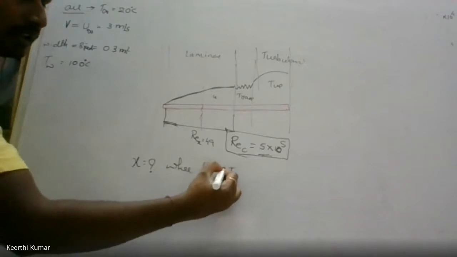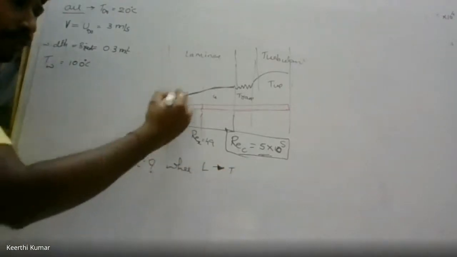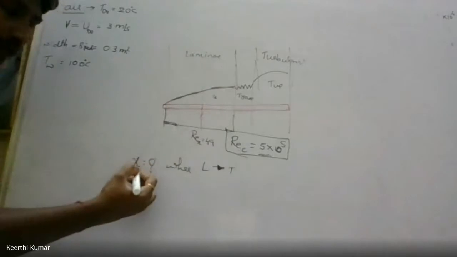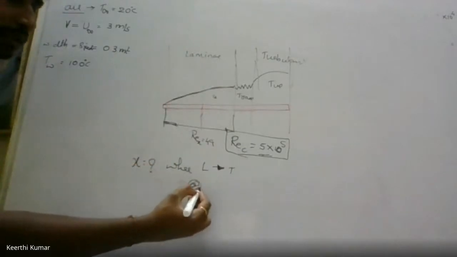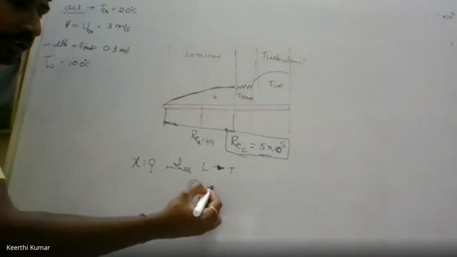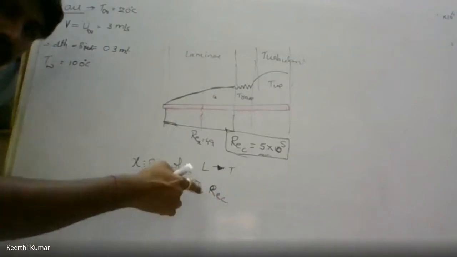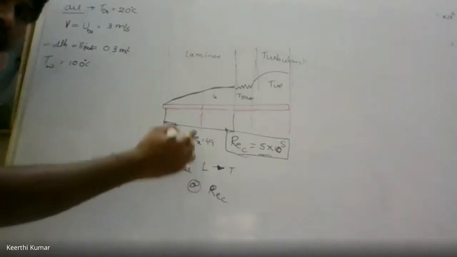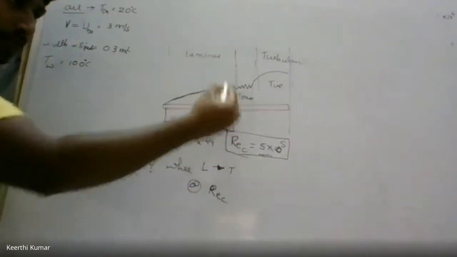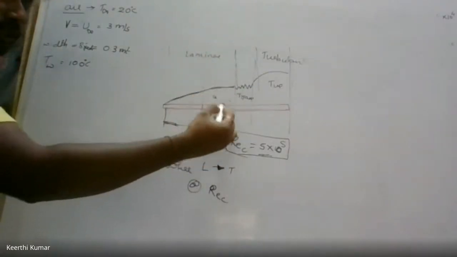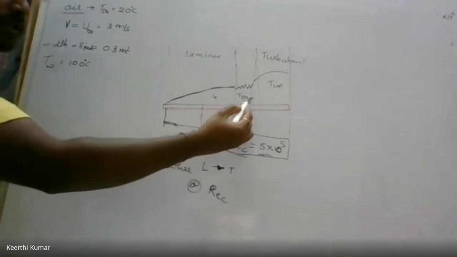He can also ask it like this: where the flow is converting from laminar to turbulent, find the value of X. Or he can also ask, what is the value of X at the critical Reynolds number? This critical Reynolds number indicates the length of the plate at which the flow converts, meaning that after this length of the plate, it will become turbulent flow.